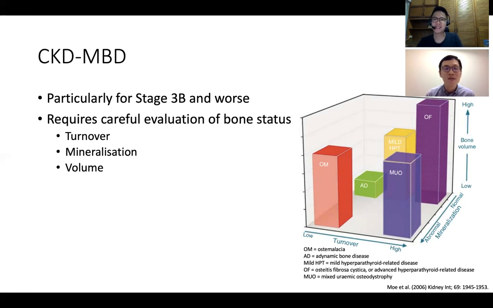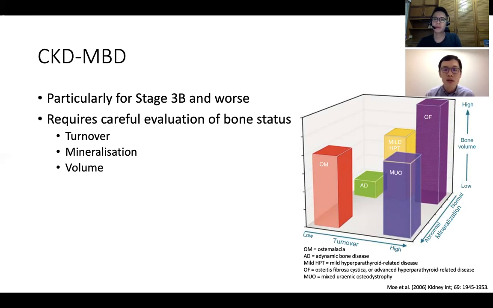I think the impact of CKD mineral bone disease will get bigger as the patient's CKD status gets worse. Obviously we're facing these problems in patients whose CKD stage is 3B, 4, 5, and end-stage renal failure.